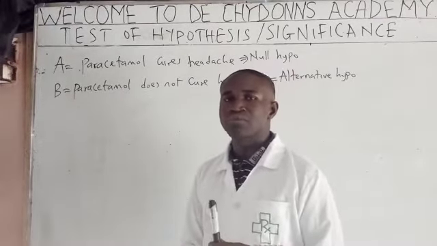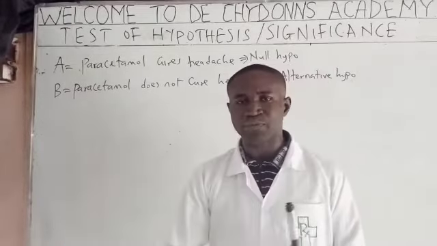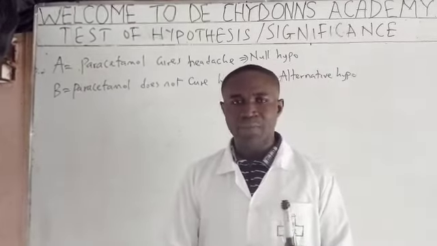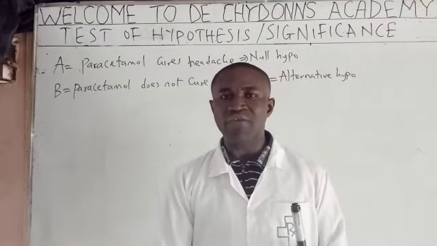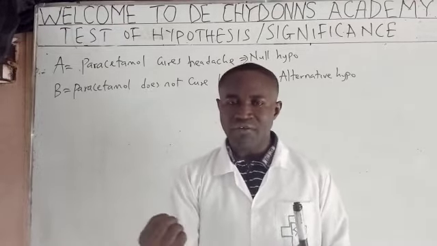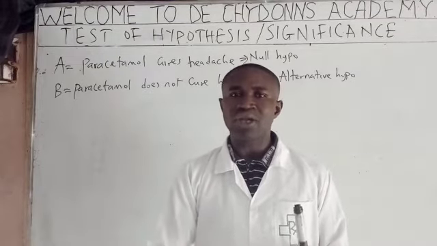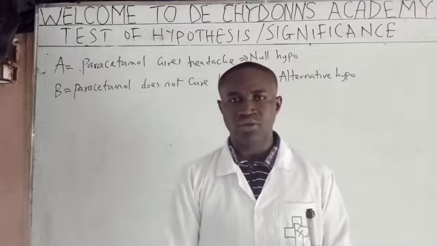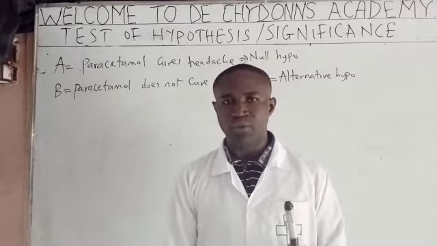Now, do you know it is possible that after running a real life experiment and after doing everything, you get an experimental result, you can make error in decision or while making decision? Yes, it's possible.